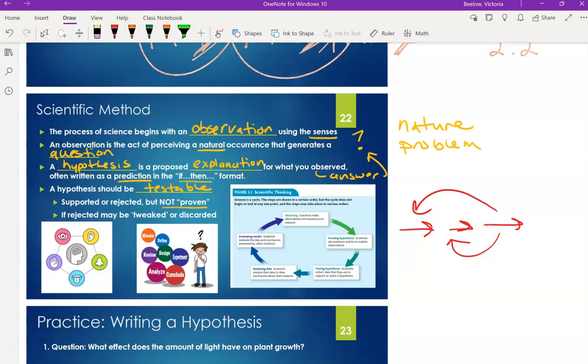It's not always this smooth, perfect process. It can be a little messy sometimes, and that's okay. The point is you're going to keep trying to do your experiment and test a hypothesis until you can find the answers you're looking for.